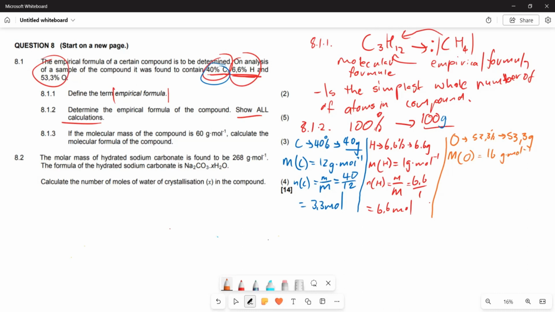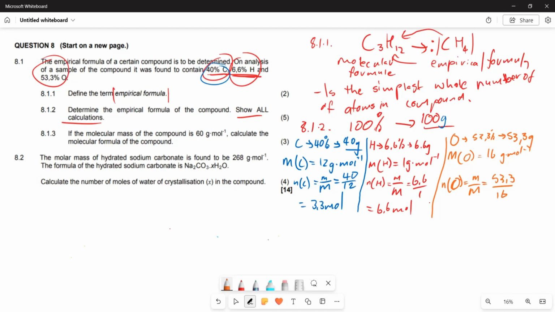And now after you've done that, now what is it that you're going to do? Now you're going to calculate the mole of your oxygen. And remember, we said the mole is mass over your molar mass, right? Now, which means what is going to be the mass that you have converted there? This is 53.3 grams divided by your 16. Isn't it so?